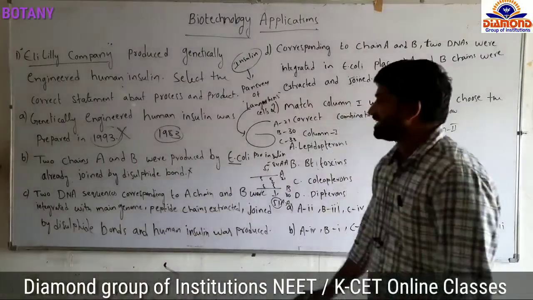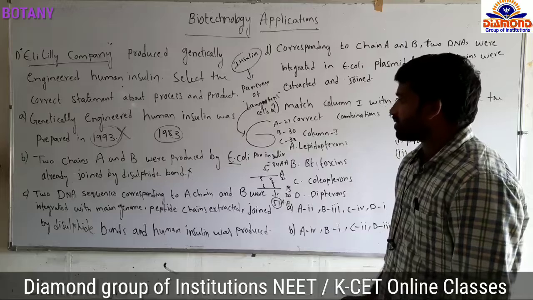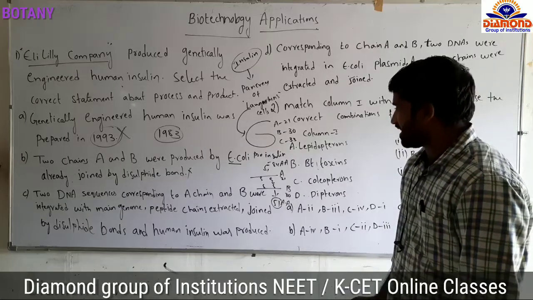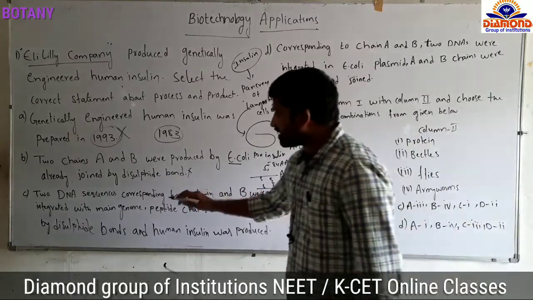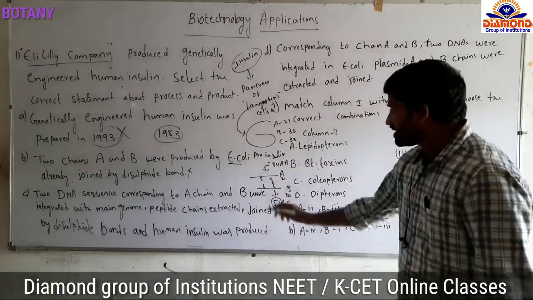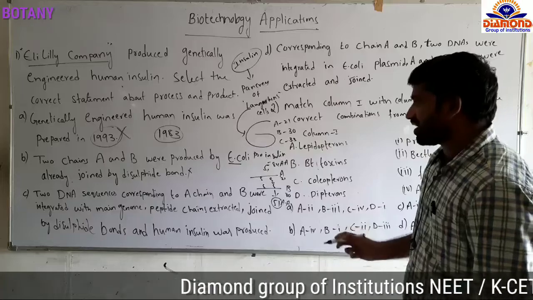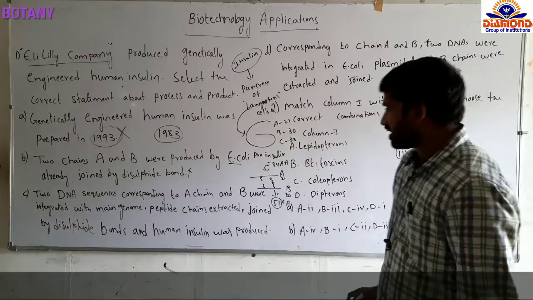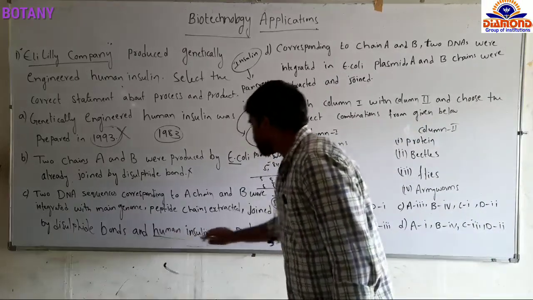Coming to option C: two DNA sequences corresponding to A chain and B chain were integrated with the main genome, peptide chains extracted, joined by disulfide bonds, and human insulin was produced.